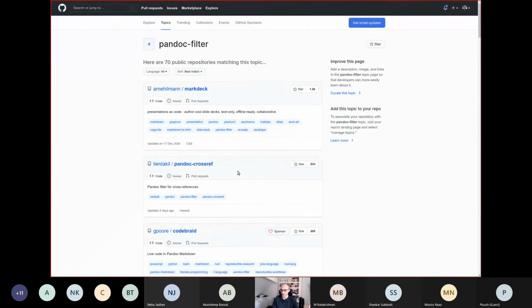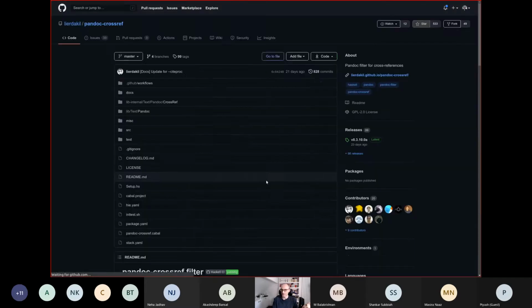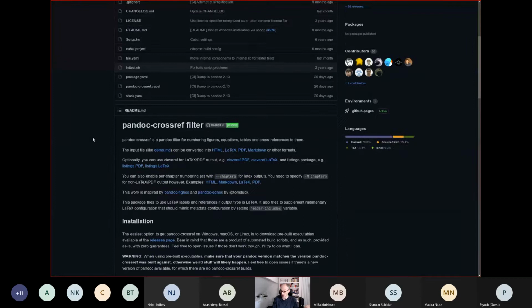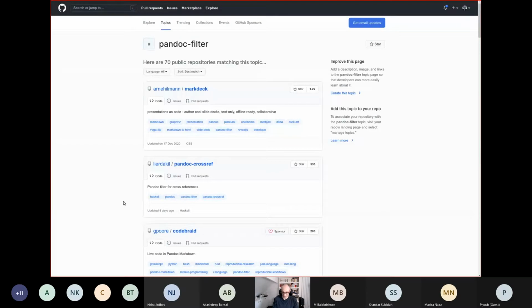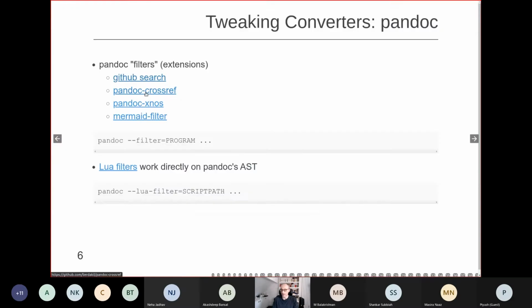Interestingly, the second one already helps you with cross-referencing, the things which ended up as question marks on the page. So this is one where you can just use a cross-reference filter. This is all for doing clever things with LaTeX packages which use referencing, in particular things like cleveref.